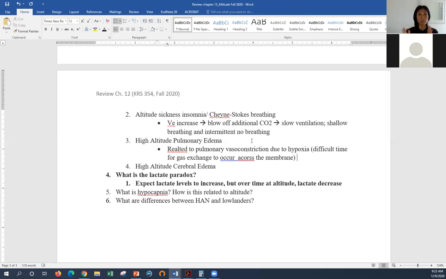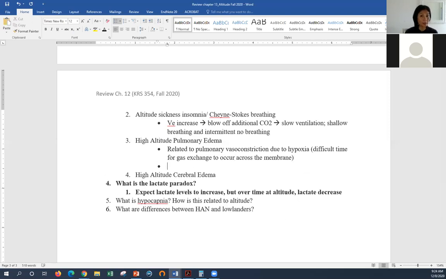And this smaller gradient, according to Fick's law of diffusion that we talked about in the pulmonary section, is going to result in less diffusion of oxygen and CO2 across the membrane. So this is going to result in vasoconstriction of the pulmonary vasculature to try to make up for this reduced oxygen and CO2 exchange across the membrane.